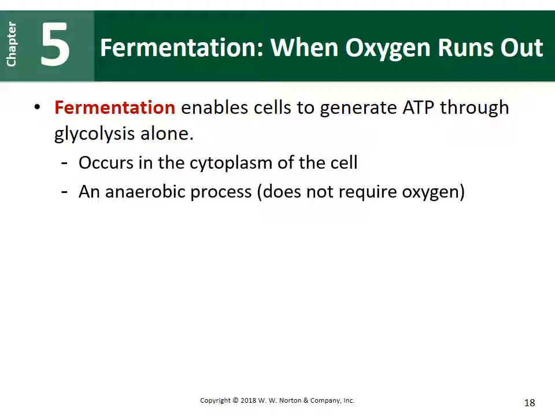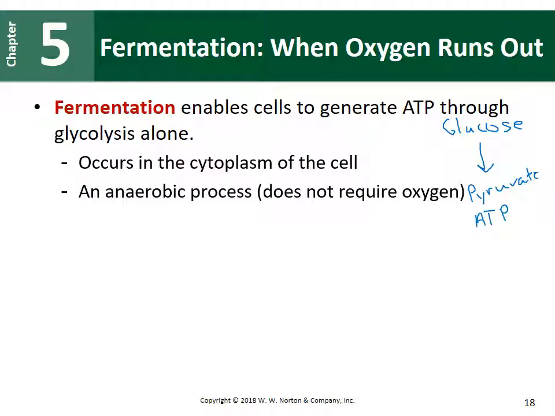So remember, glycolysis starts off with glucose. That glucose is divided in half to create pyruvate. As that pyruvate is generated, we also get some ATP and other energy carriers.